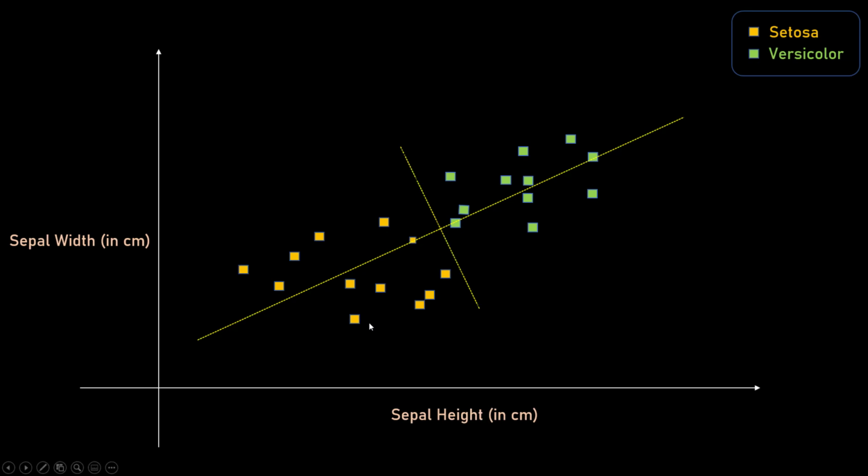And you can draw a perpendicular line which covers the second most variance, and these are called principal components. So here PC1 is this axis which covers the most of the variance. PC2 is the axis that covers the second most variance.